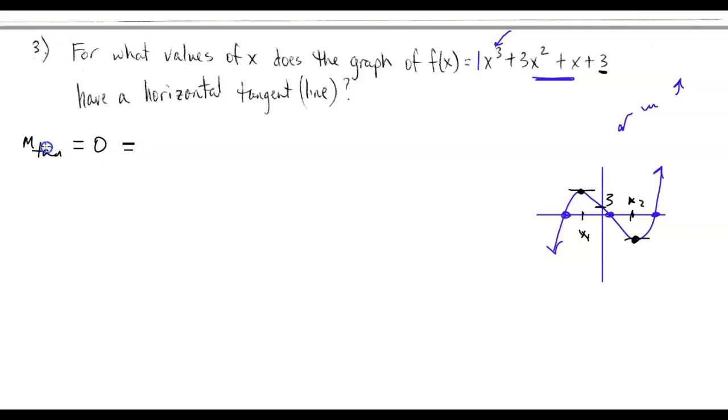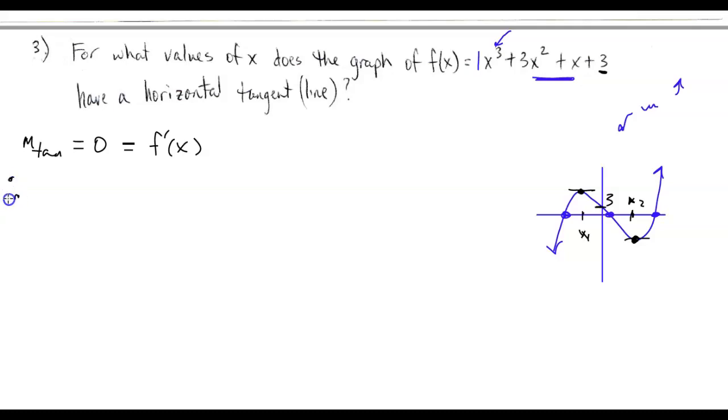But we also know that to find the slope of the tangent line, we have to take the derivative of this particular function, okay? And the one thing that we don't know is the x values where the slope of the tangent line is going to be 0. So that's what we're actually going to solve for, okay?